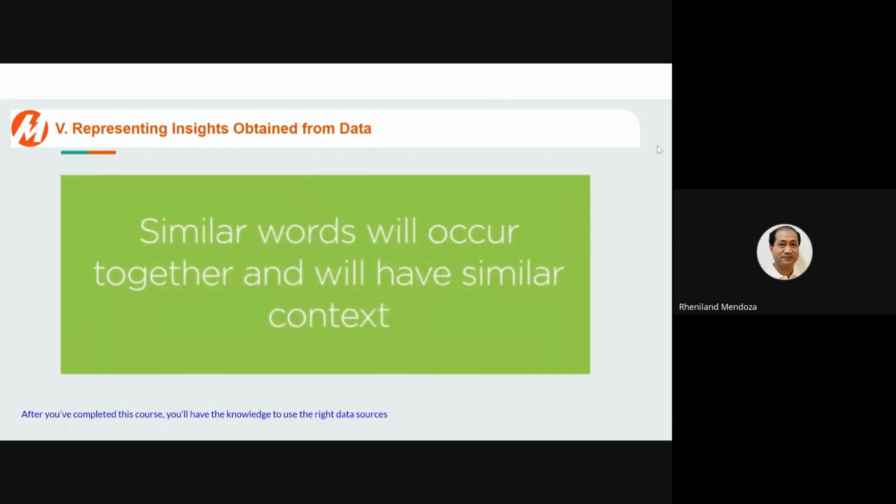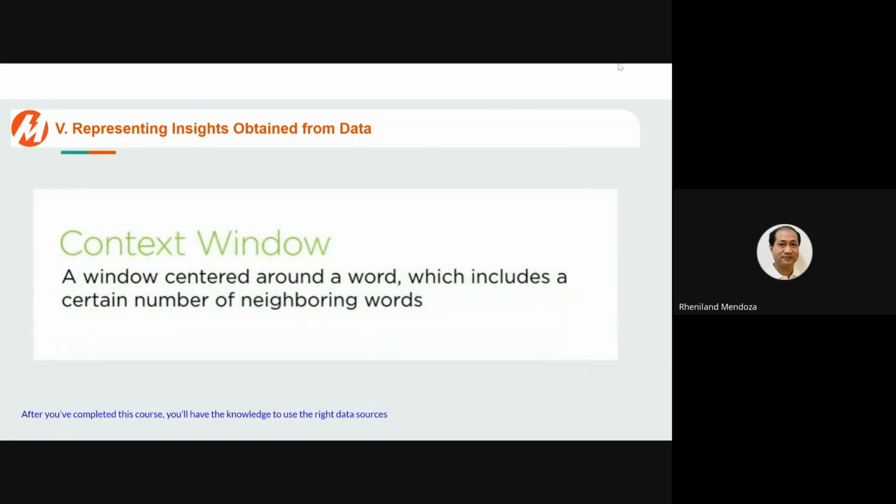Now, you can also generate numeric embeddings for words based on how often a particular word co-occurs with other words that surround it. So this is based on the idea that similar words will occur together and will have similar contexts. Generating co-occurrence representations involves the use of a context window.